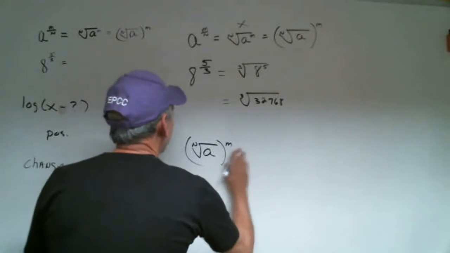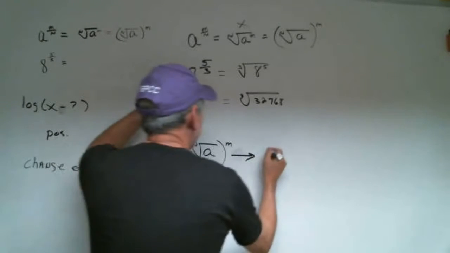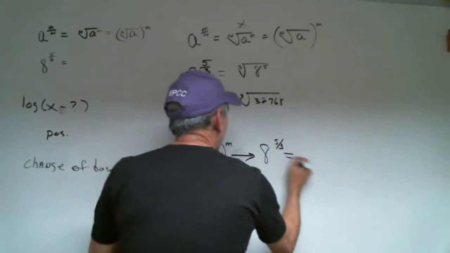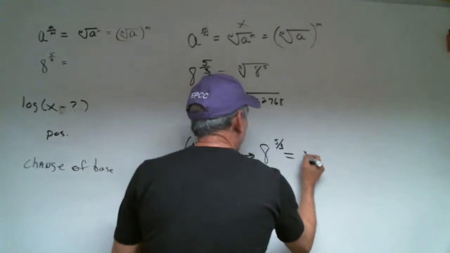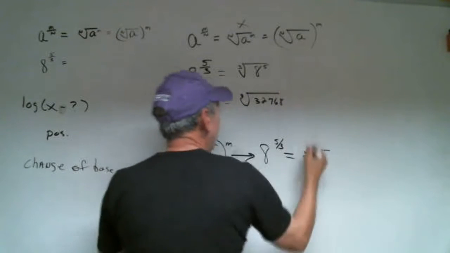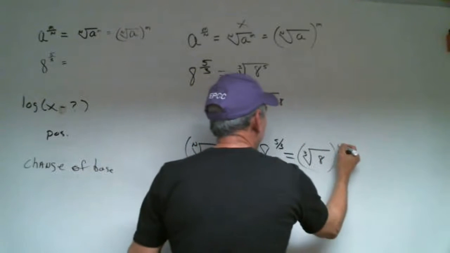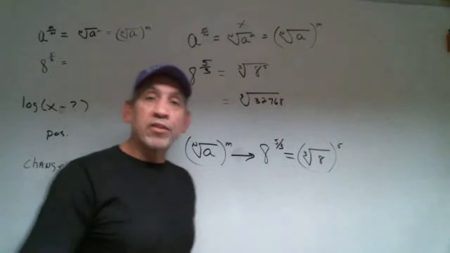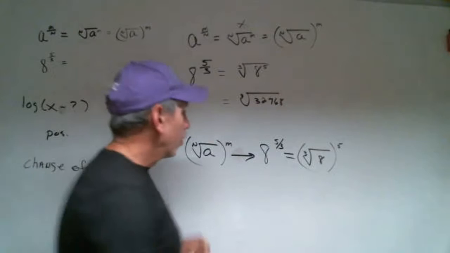So we have 8 to the 5 over 3 is equal to the cube root of 8, and by applying this rule the 5 goes on the outside, right? Same rules, but this one is much easier to work without the calculator.